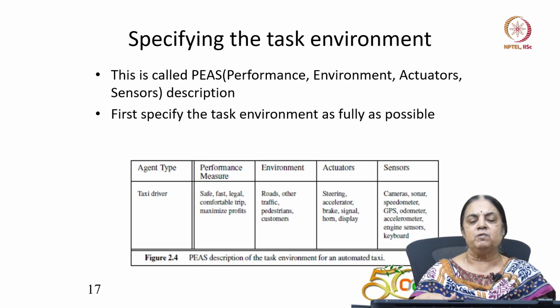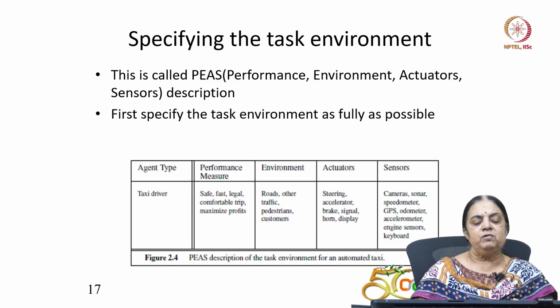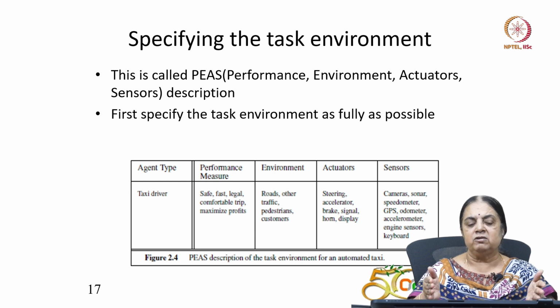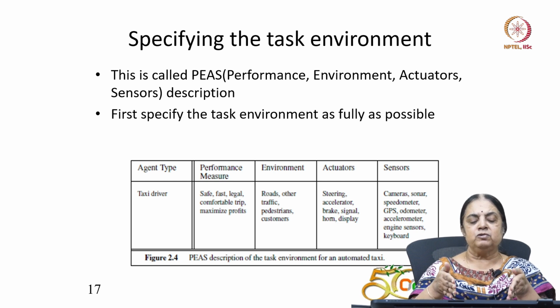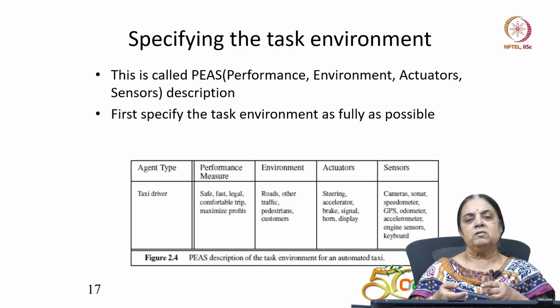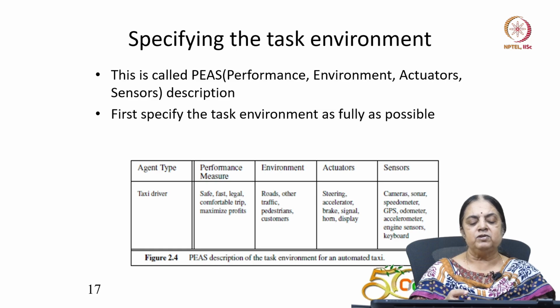What is the input? For example, if you have a taxi driver agent, a car which is moving in the traffic, what is the performance measure that you would use there? The journey should be safe, it should be fast, it should be legal, it should be a comfortable trip, it should maximize profits, it should use less petrol, whatever.